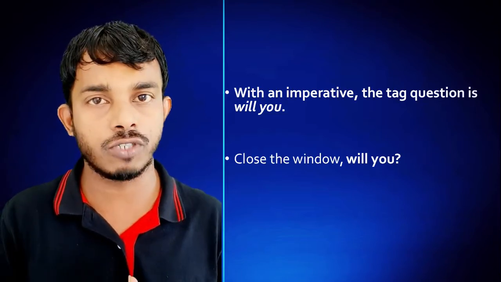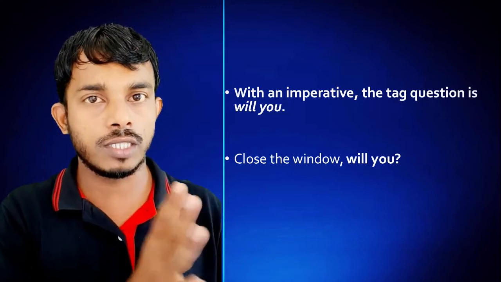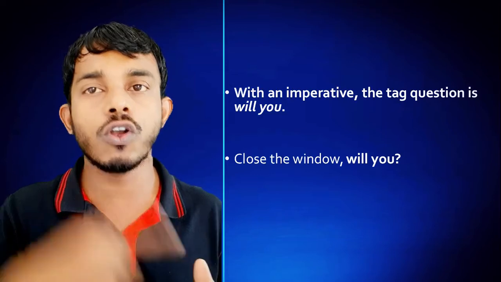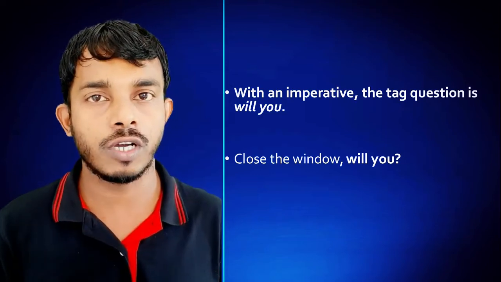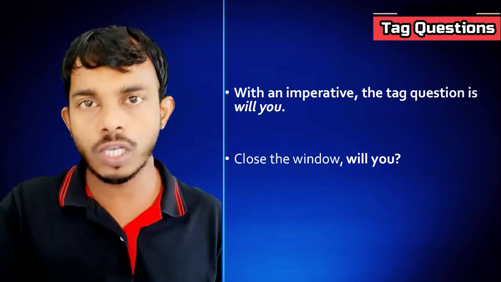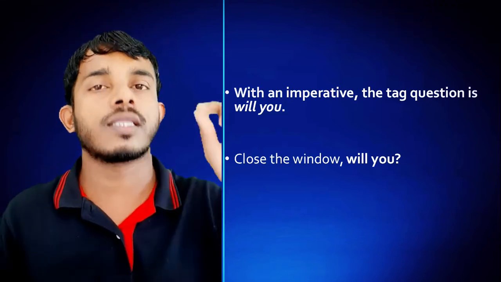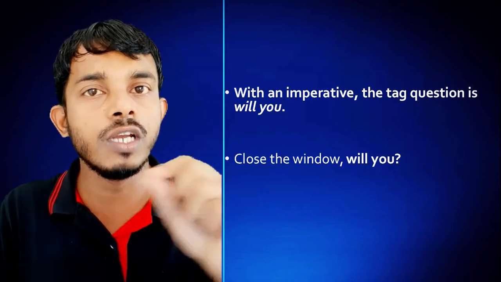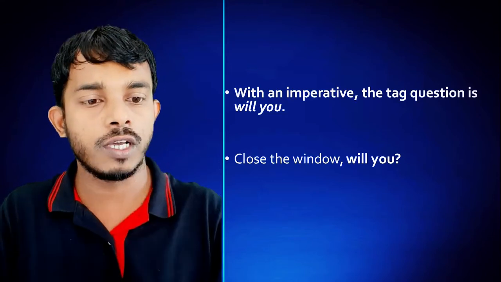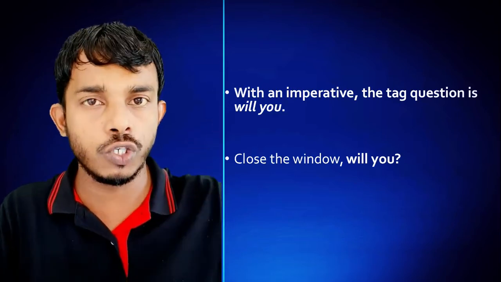Such a sentence can be changed into a question tag like this: Close the window, will you? Open your book, will you? Close your book, will you? Do the work, will you? For any imperative sentence, the question tag will be will you. Here there is no pronoun saying to whom it is told, but in the question tag we use you as a pronoun.